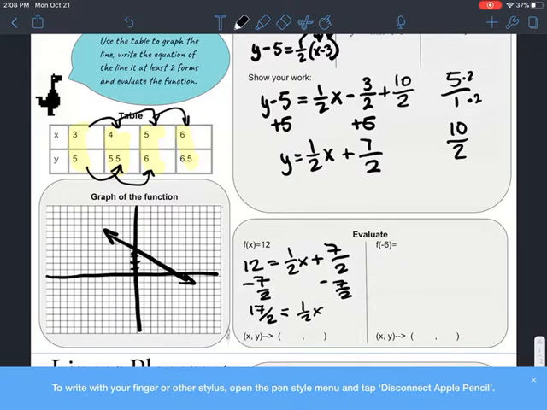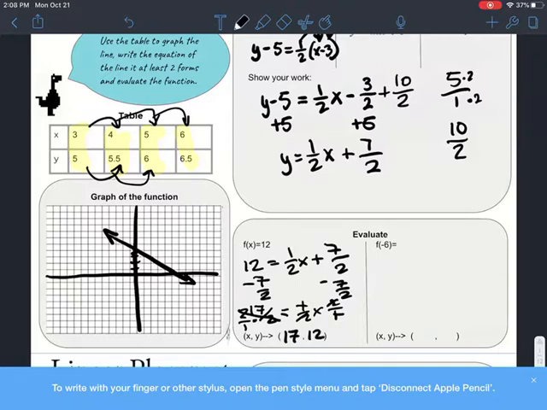And then I would multiply by 2 over 1 to cancel out the 2's and to cancel out the 1's, leaving me x by itself. When I multiply by 2 over 1 here, the 2's just cancel out, and we get 17. So when y is 12, x is 17.